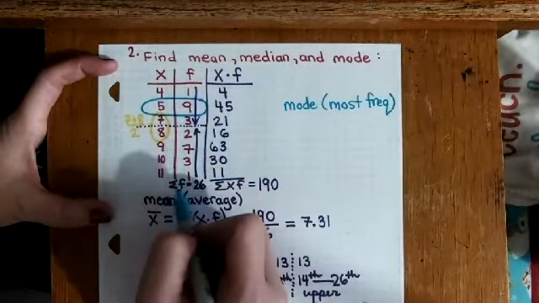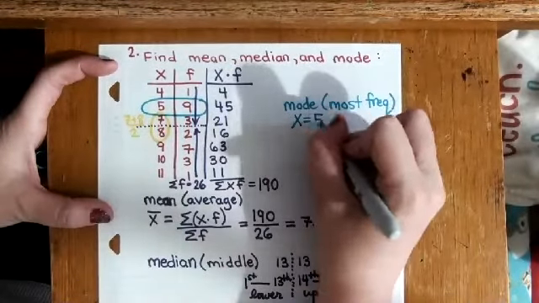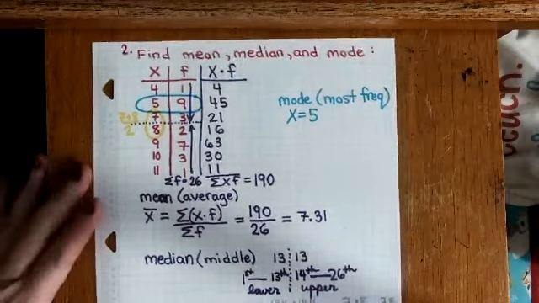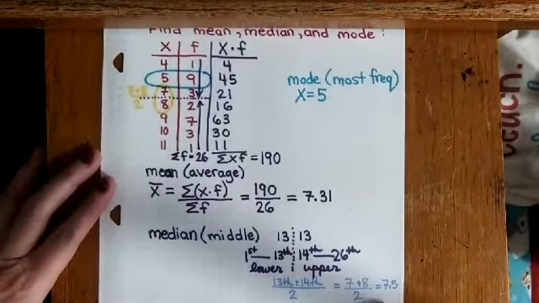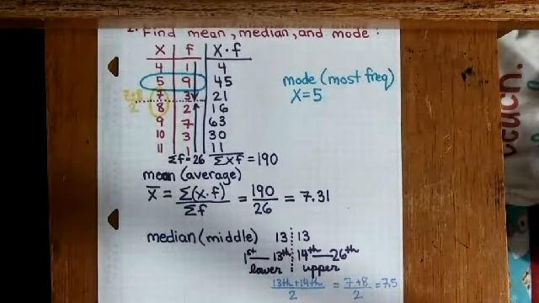That's the most frequent, but it's an X value that we're looking for. It's a data point. So the mode itself is 5 because it's most frequently represented in the table. The median is 7.5 and the mean was 7.31.